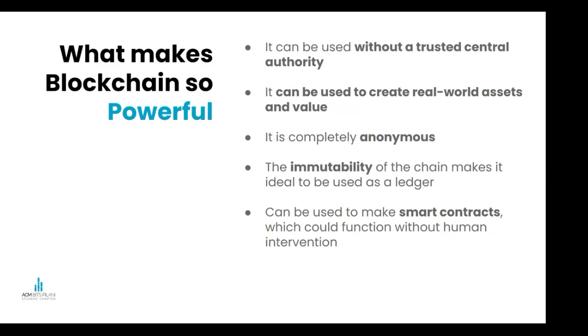So what makes blockchain so powerful? The most important thing is that there is no central authority which has control over it. This allows a lot of transparency, but at the same time it also allows anonymity to its users.